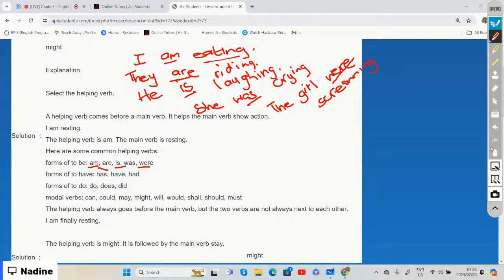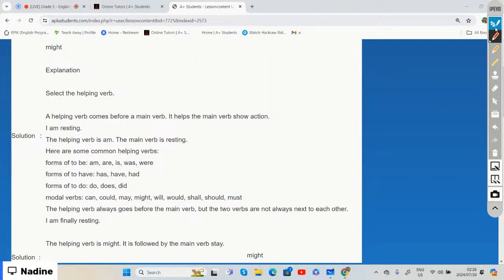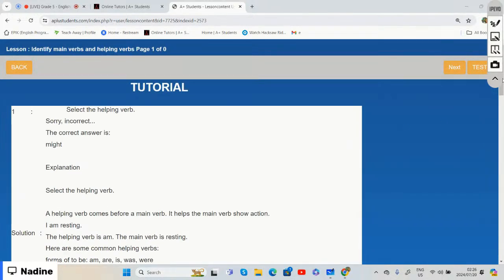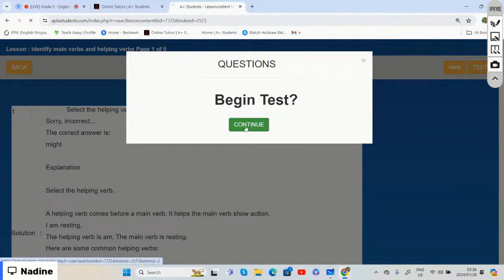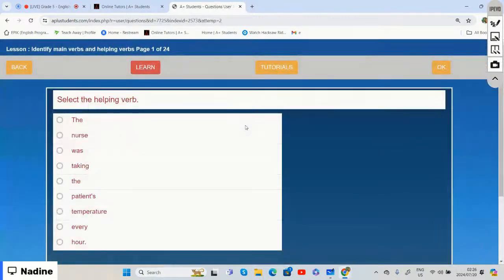All right. So now we are going on to our test where we are going to identify the main verbs and we're going to identify the helping verbs. It may seem a lot, but it's just a sentence that is being given, that is broken up into individual words.